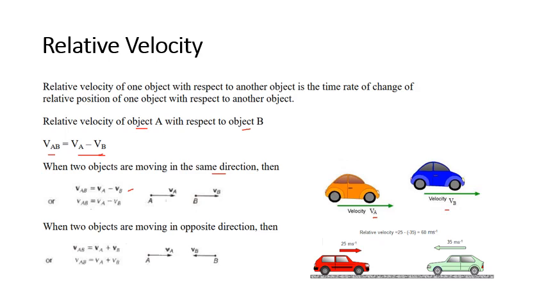Whenever both the objects are moving in the same direction, the relative velocity of object A with respect to object B is the difference between the two velocities, VA minus VB. And in a similar way, the relative velocity of B with respect to A is VBA equal to VB minus VA.